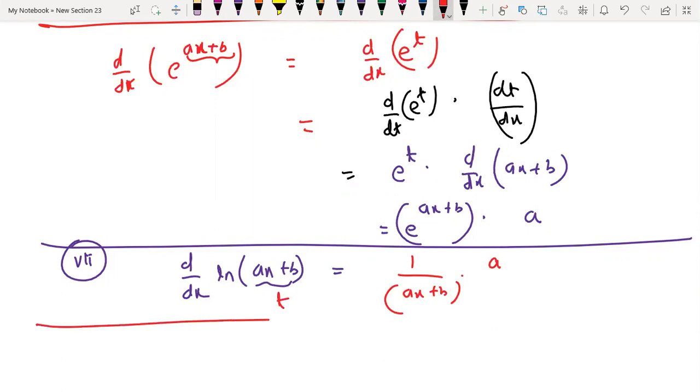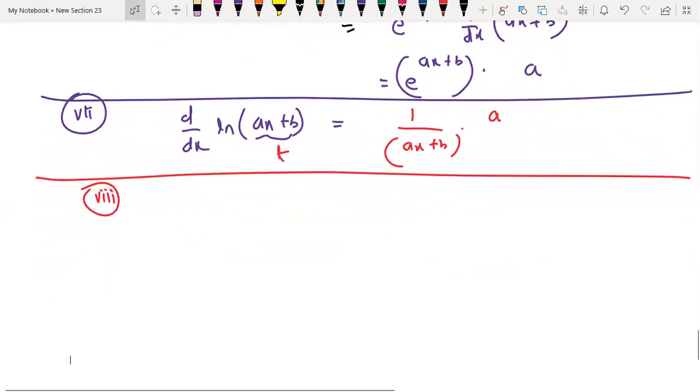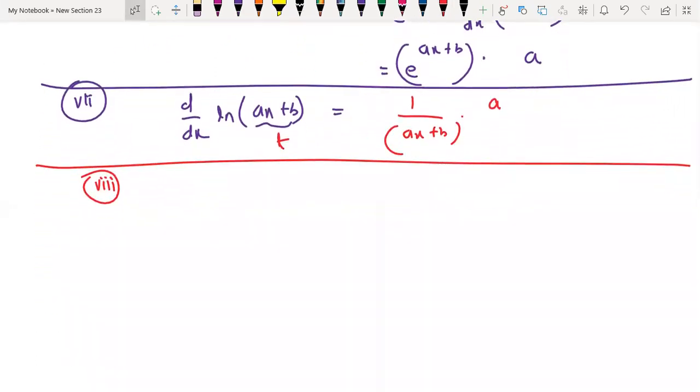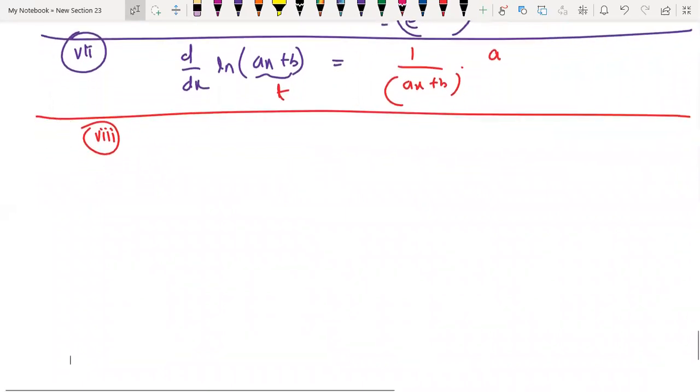Number 8. Yes, number 8, d by dx of sec square x.